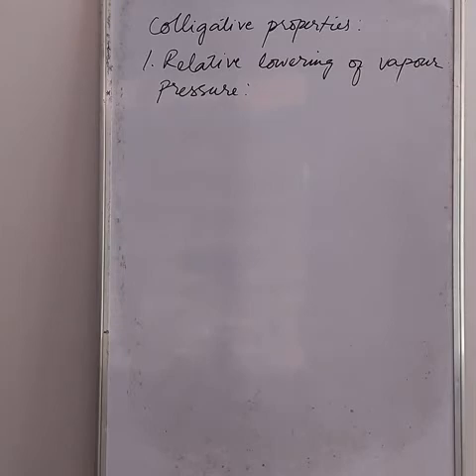If you add any type of solute to a solvent, suppose you are boiling water and you add tea leaves there, then after adding the tea leaves, it boils faster than normal. It takes less time to boil than if you're boiling only water. It's because of the addition of that solute, that is our tea leaf in this example. Now it's due to the relative lowering of the vapor pressure.